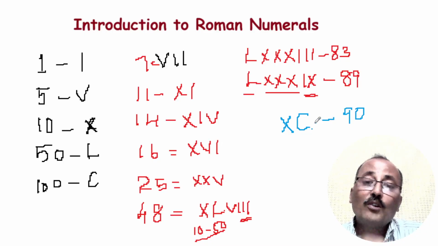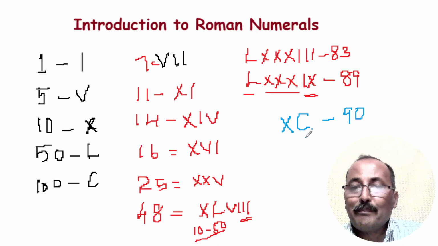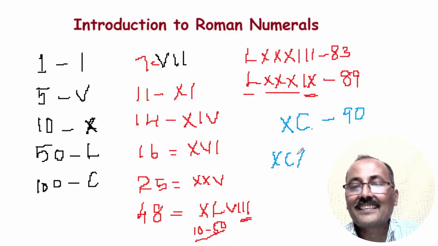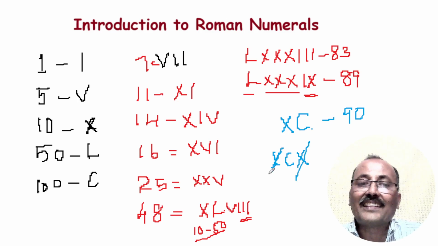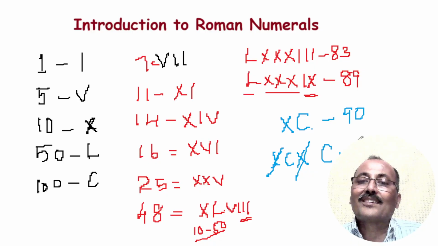For 5, V. For 6, V1. For 7, V11. 8, V111. 9, 1X. What about 10? Don't put X on this side also. Don't write like this: X, C, X. It is not necessary at all, because C itself is 100.